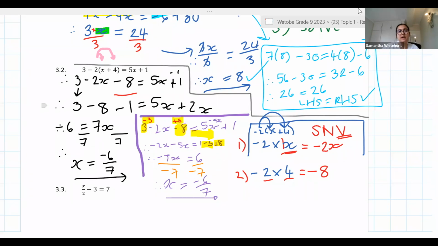So you can see here the stuff written in black, the constants came to the left, but in the stuff written in purple, the constants came to the right. It really doesn't matter which side you put them on. Generally speaking, our answer is always x equals. So if we get all the x's on the left, then it's already at x equals, but it doesn't matter. Oh, okay. Thank you.